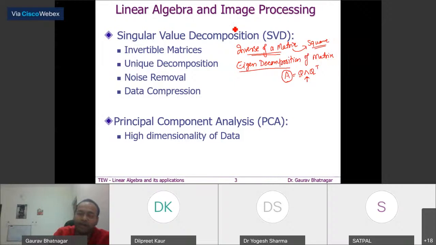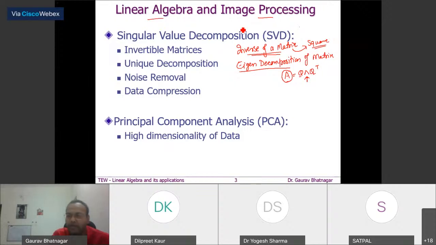Now, if you try to observe the relationship between linear algebra and image processing, I know that in image processing every image is going to be a matrix, and whenever you take a photograph from your camera or mobile, you are not going to have a square image.